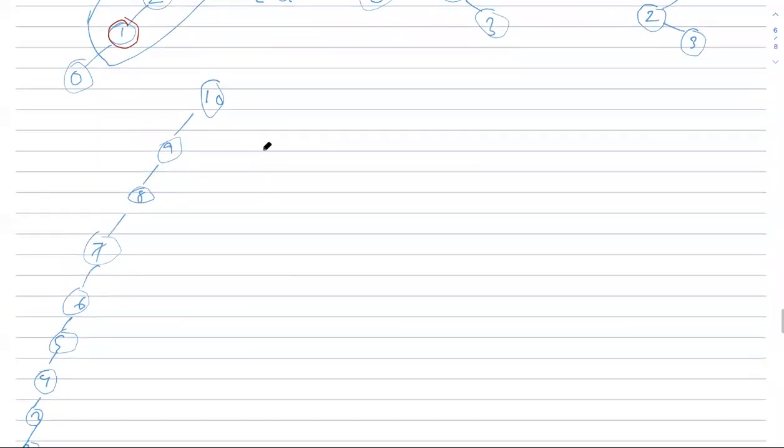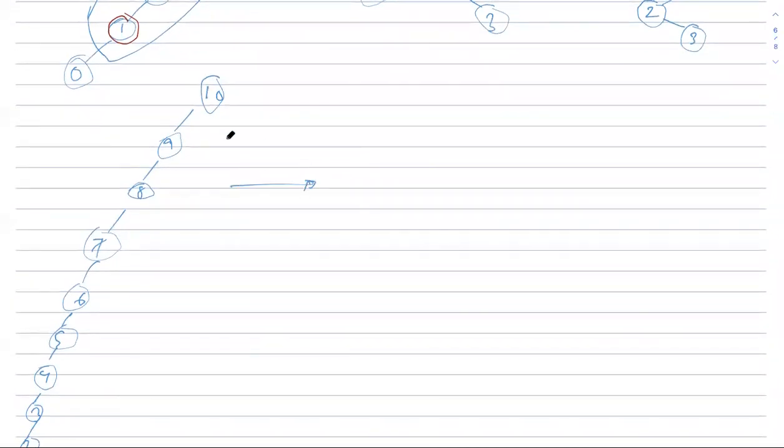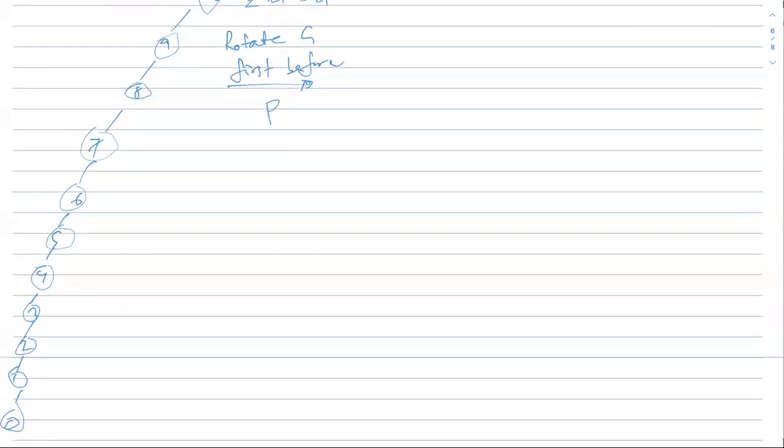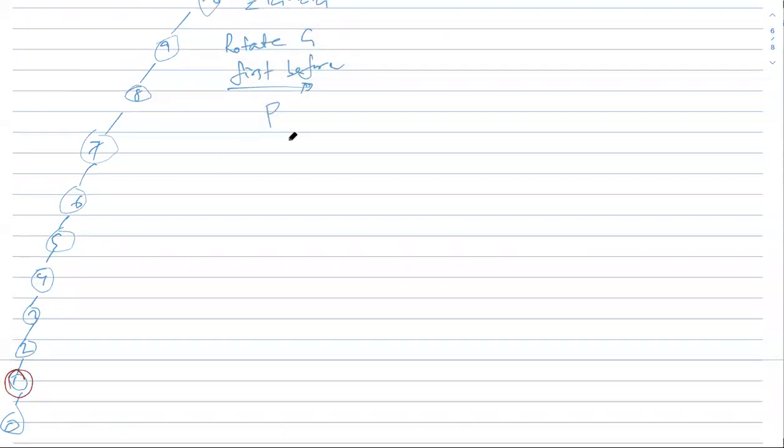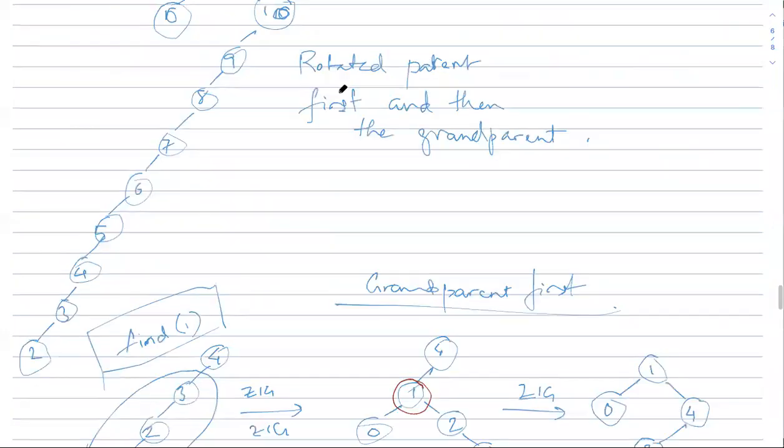Starting in this configuration, in the zig-zag rotation, we rotate the grandparent first before the parent, as we perform the find operation on 1, which means that we are splaying 1 to the root.